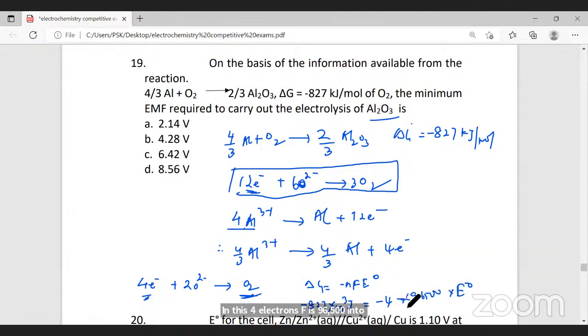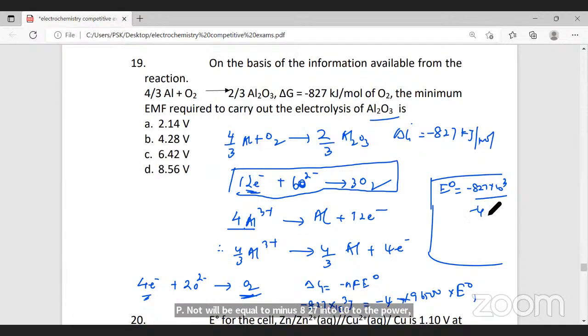So when you simplify for E naught, E naught will be equal to minus 827 into 10 to the power 3 divided by minus 4 into 96,500. On simplification, we will get the value to be 2.14 volts. So the answer for this question is option A, 2.14 volts.